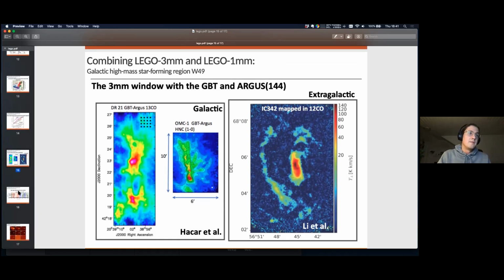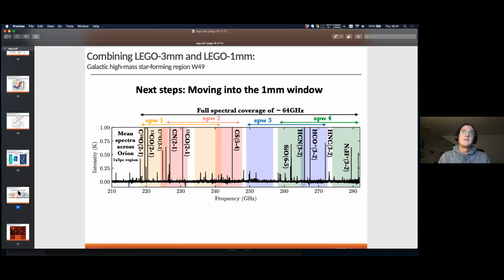And just in the last few minutes, I'd like to highlight the very first results on the next step with the LEGO survey, particularly for this source at least, and that's moving into the 1 millimeter window. This is quite a nice focus, and again, comparable to Orion. There are a lot of studies of Orion, particularly in the 1 millimeter window, following up those initial results.